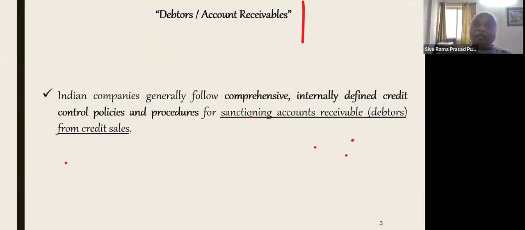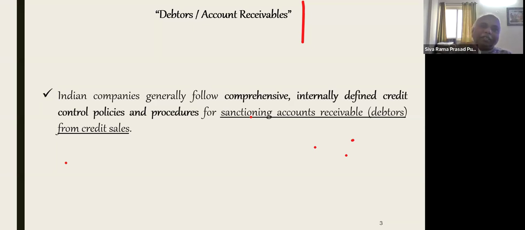But when one buyer is interested to buy and the company does not have full credentials of that particular buyer, the corporate debtor will ask: I will supply the goods on credit of 30 days or 60 days, but you give me the bill of exchange. A bill of exchange is nothing but like a promissory note in trade.